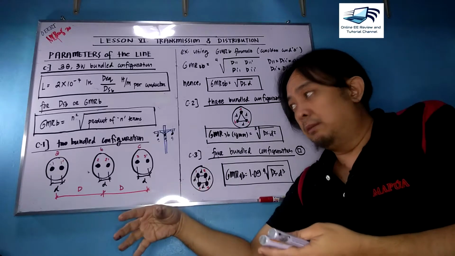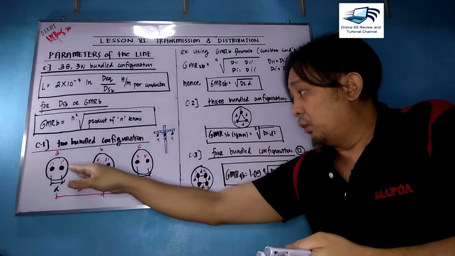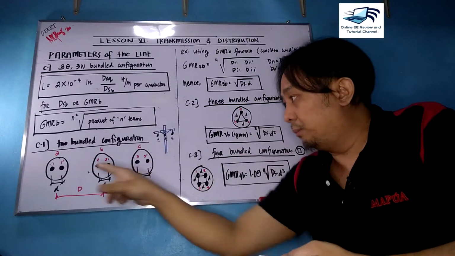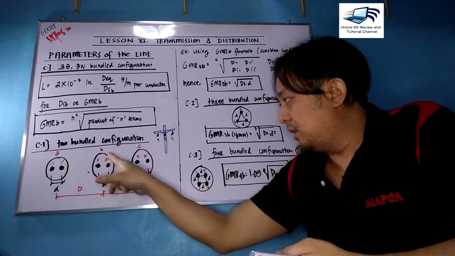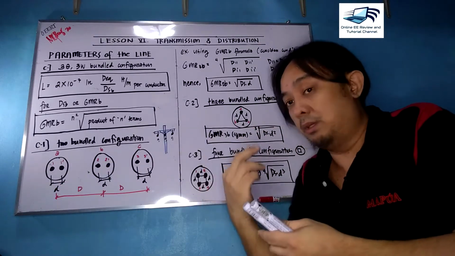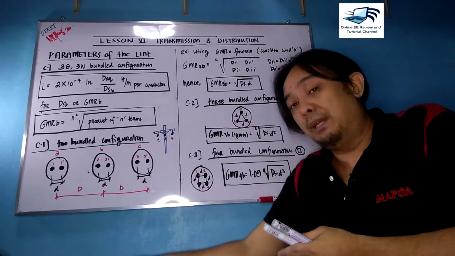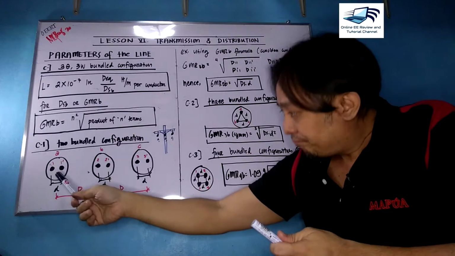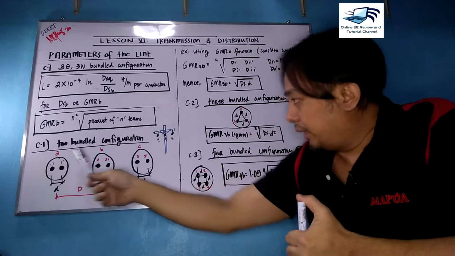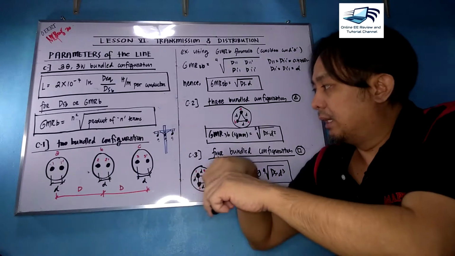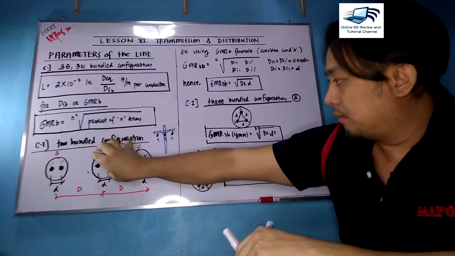So you're considering this just as a joke, like you have the nose of a pig. You have 3 pigs that have a nose, right? Here you have conductor A, conductor B, and conductor C, and these are your nose of the pig.